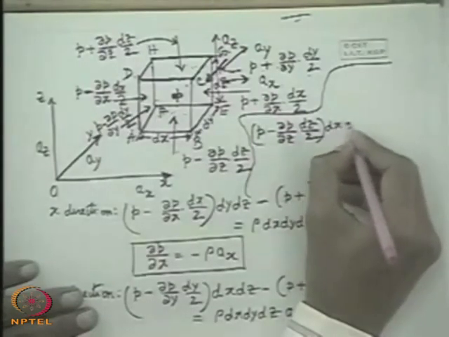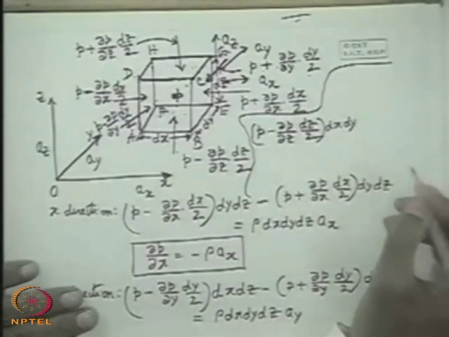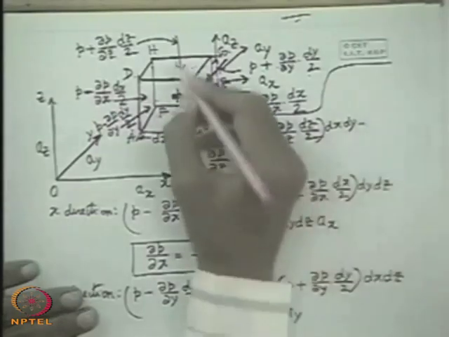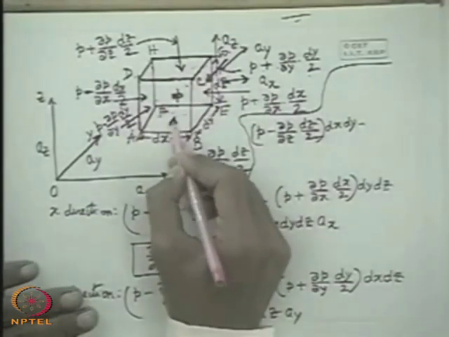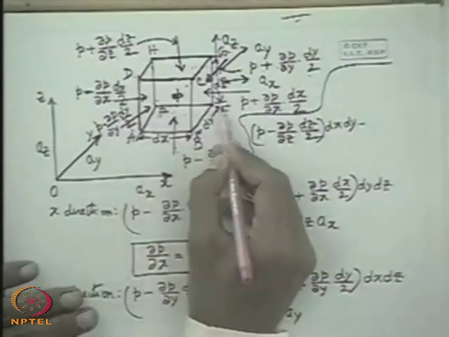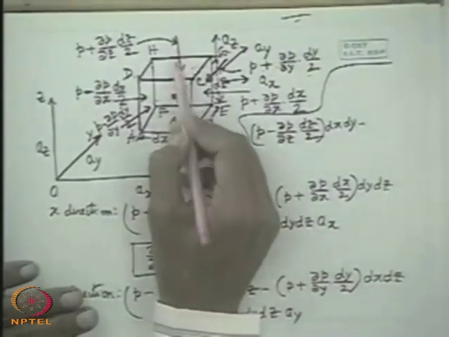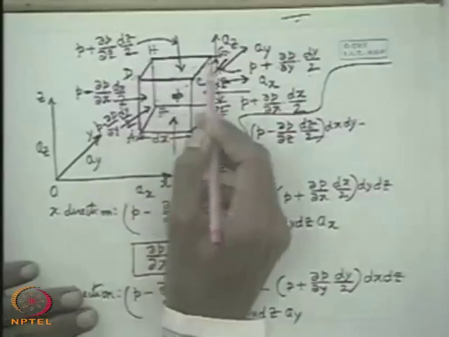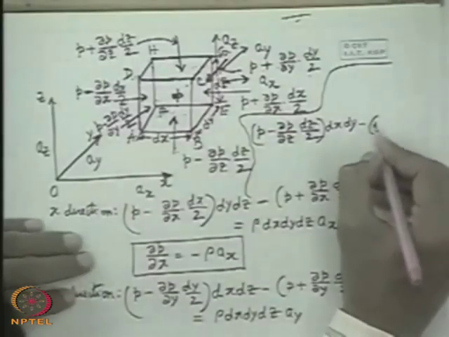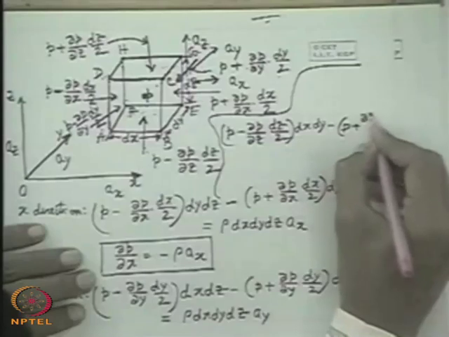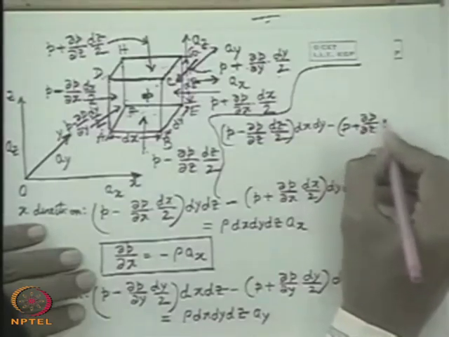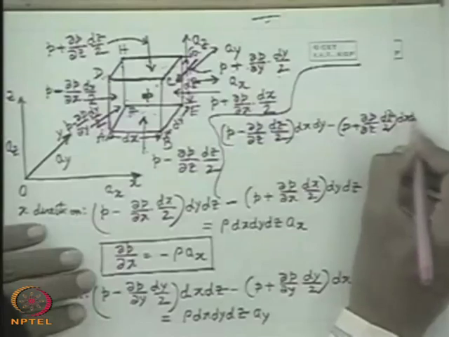into dx dy, minus the force due to the pressure on the FEB surface, minus the force due to the pressure on the DAGC surface, that is P plus del P del z, dz by 2, into dx dy.